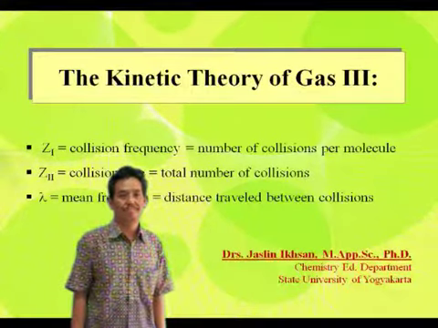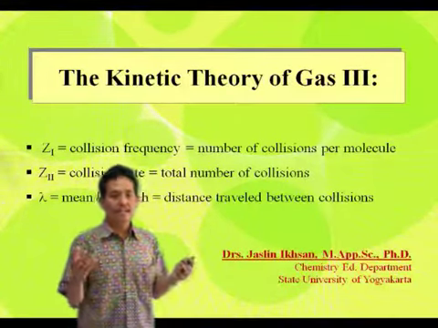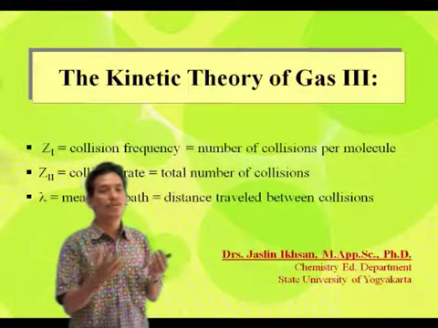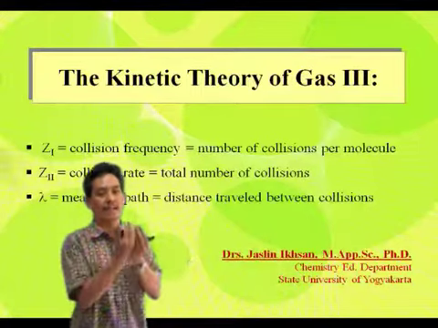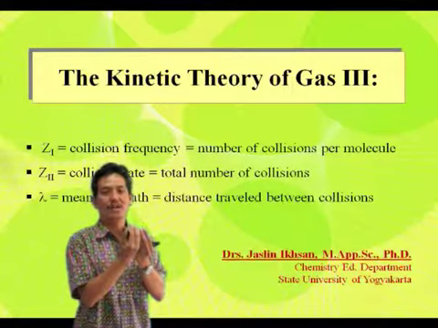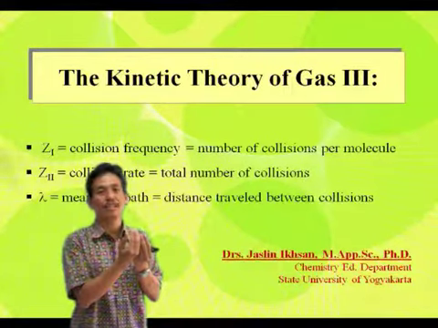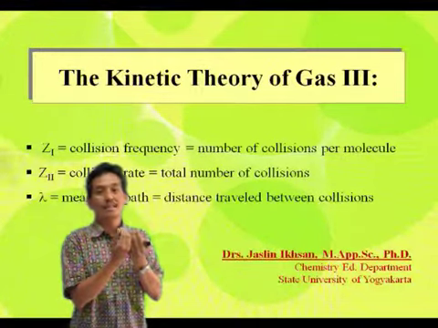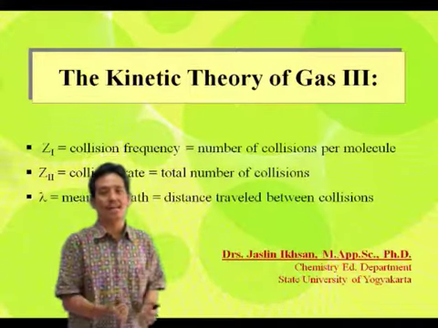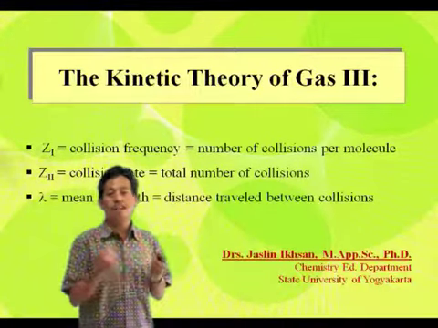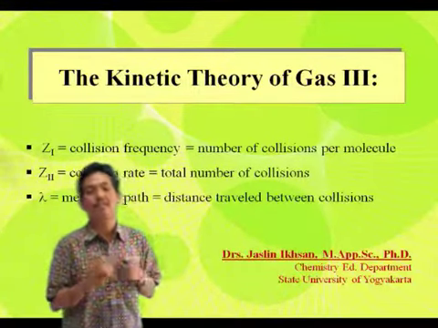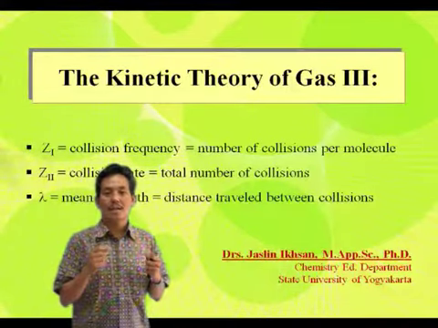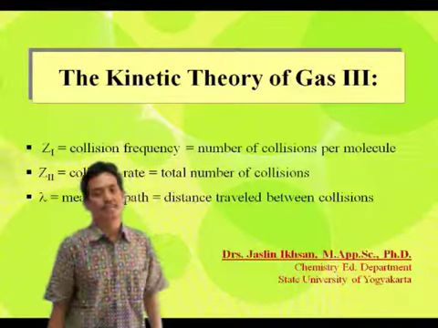This time, just imagine two of the molecules moving and colliding with each other. And in the previous meeting, we saw the collision is elastic. This meeting, we would like to discuss what the frequency of collision is, and also calculate the rate of the collision.